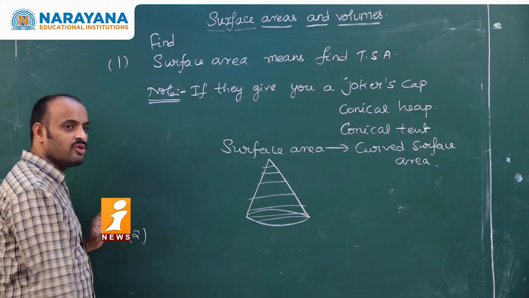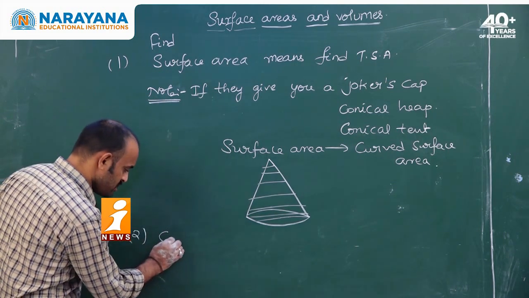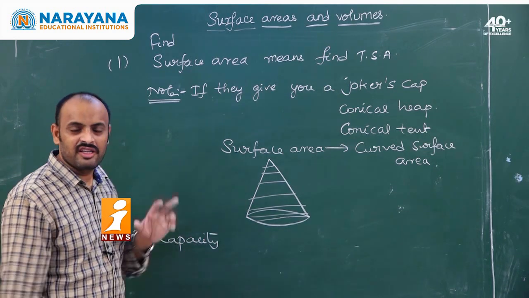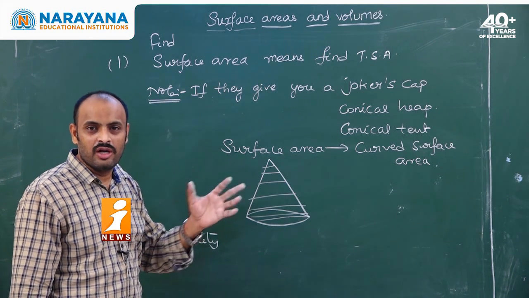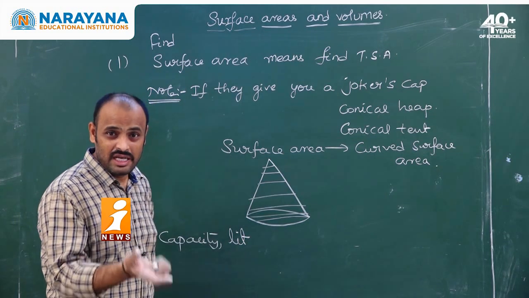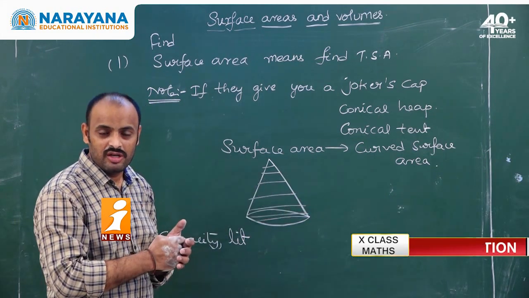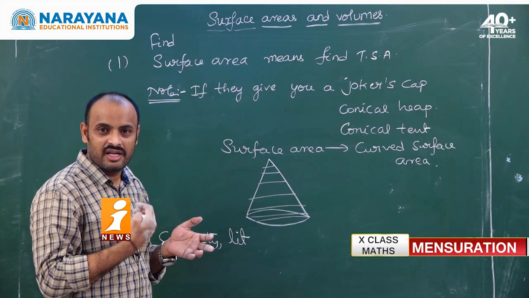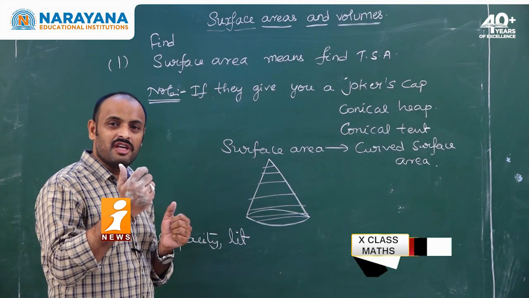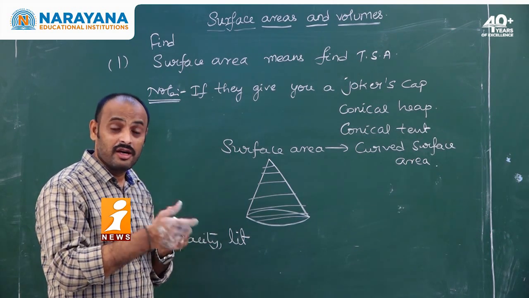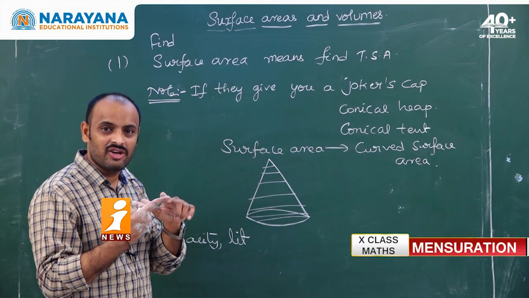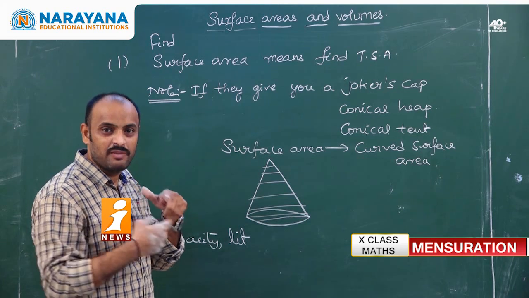So when to use volume? Capacity. Find the capacity of the tank, find the capacity of the body that it can hold, how many liters of milk the cylinder can hold, how many liters of water a man can take. Whenever they say liters, capacity, or if they mention cubic units, which means 3 dimensions, length, breadth, height, or any dimension is given, it has to be multiplied 3 times.